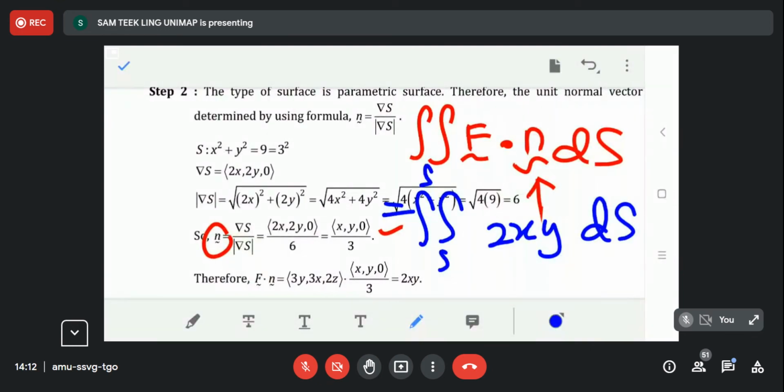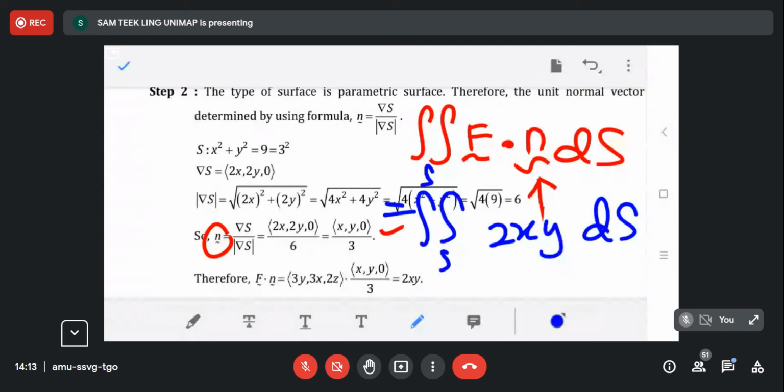So this one is a cylinder. Yes, you can use polar coordinate. So if can use polar coordinate, we will use the polar. Cylinder, circle, and sphere, you can use polar coordinate. We only consider in this form. Starting, we find our n, we find our f dot n dot product.